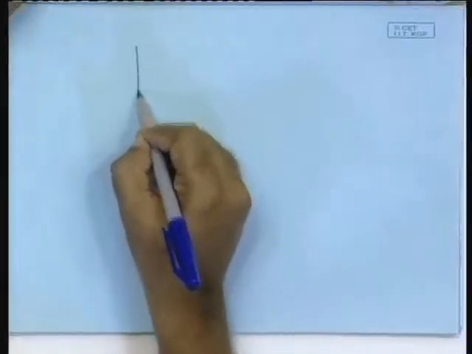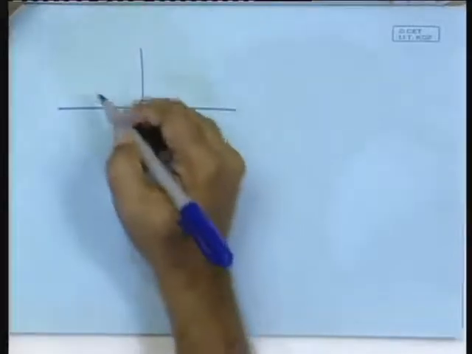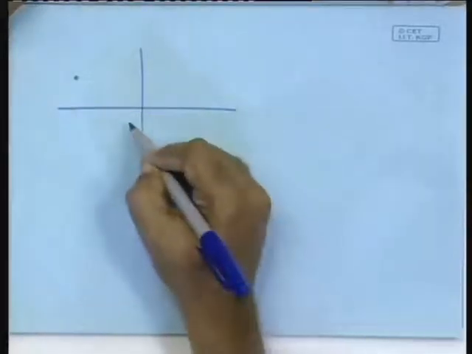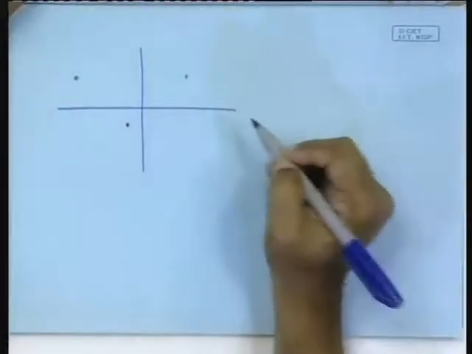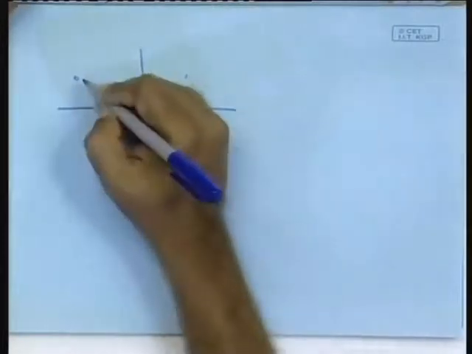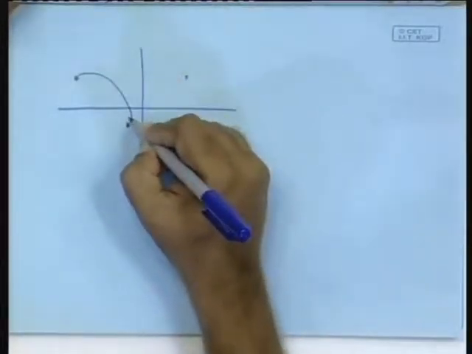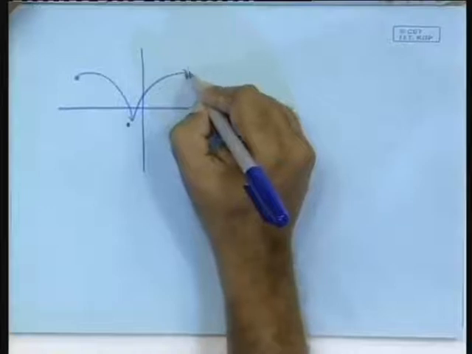How do you probe whether or not a period 3 orbit will exist? The period 3 orbit's existence will be given by, suppose this is the state space, and there will be one point here, another point here, and a third point here. So, this point will map to this point, this point will map to this point, and this one will map to this point.